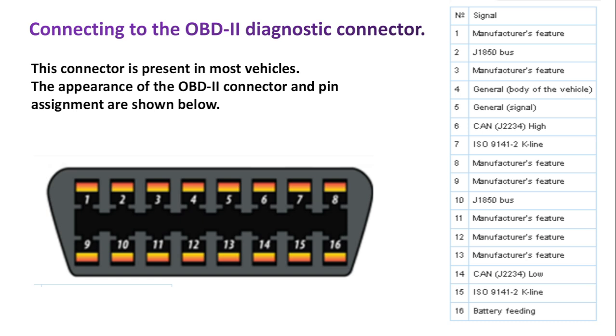In the sixth pin the CAN high wire is connected, and you can see CAN low, per J2234, is connected at the fourteenth pin of this connector. Okay, so these connectors are used, and we have a specific format according to their pin assignments.